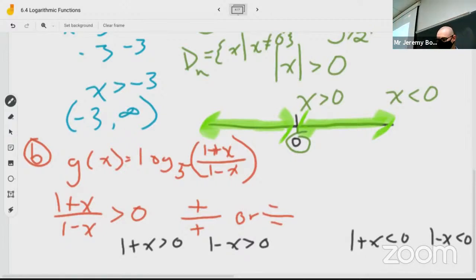So if we do the first one, we'll get x has to be greater than -1, and if we add x to both sides, we'll get x is less than 1.